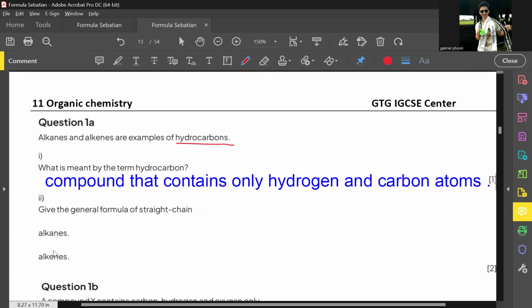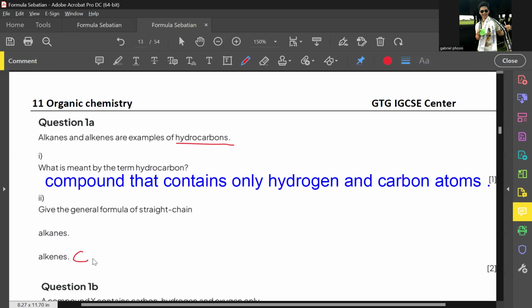Then after that, you're supposed to give the general formula for a straight chain of alkanes and alkenes, which if you just bother to flip the page, you'll get the answer. What's the general formula for alkanes? What about alkenes? I don't want the number.